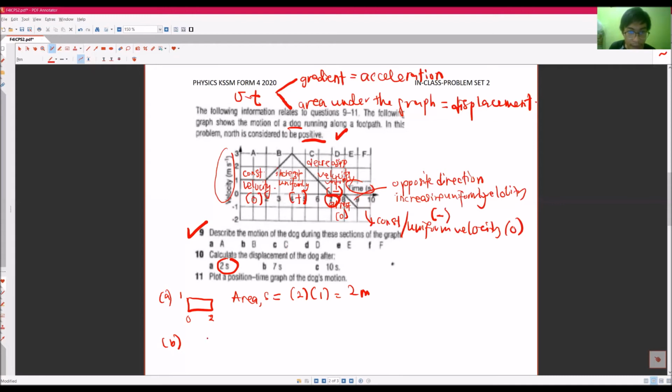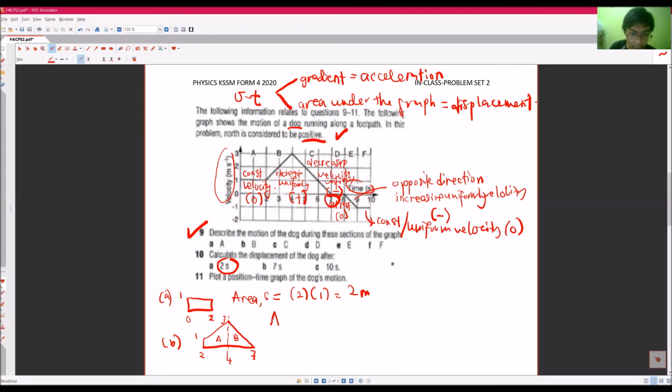B, 7 seconds. We have a little bit complicated shape here, so we can separate it into two shapes. One is trapezium A, and the other is a triangle. This is 2, 4, 7, height is 3, and this is 1.